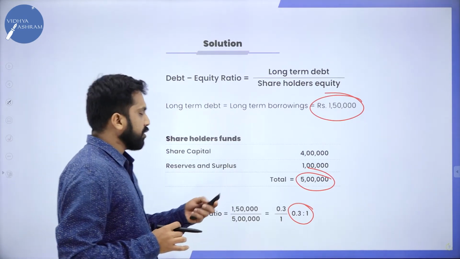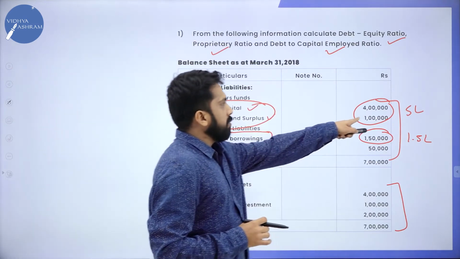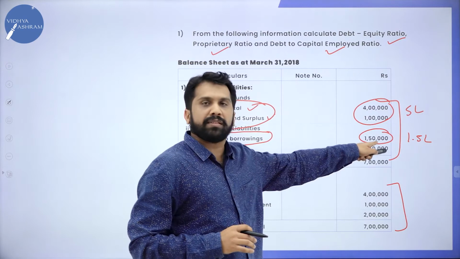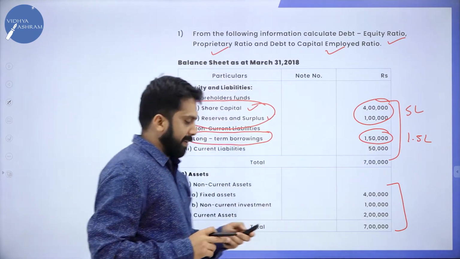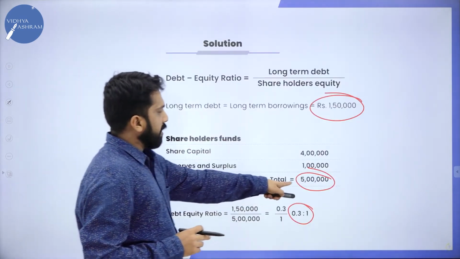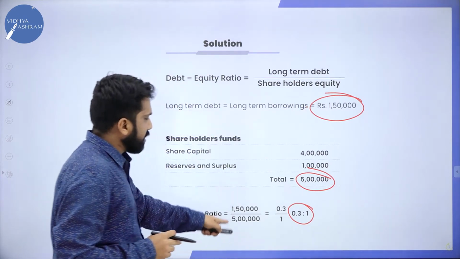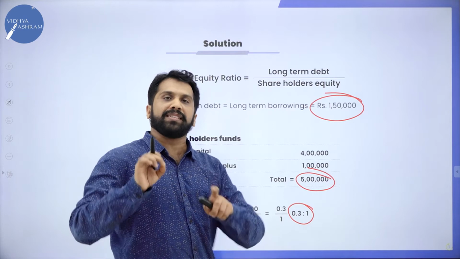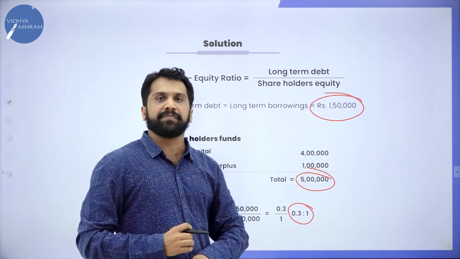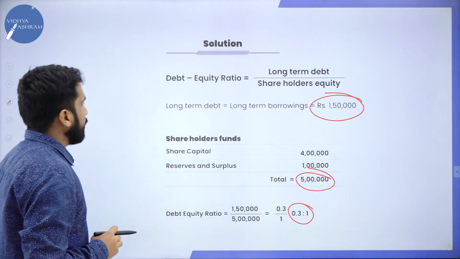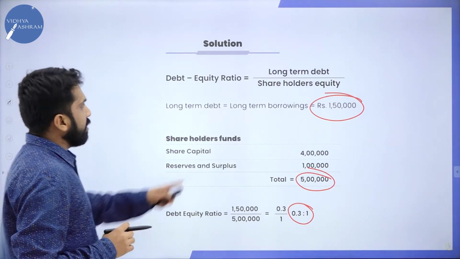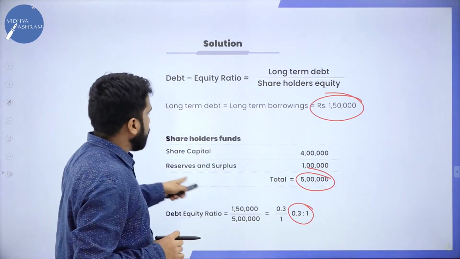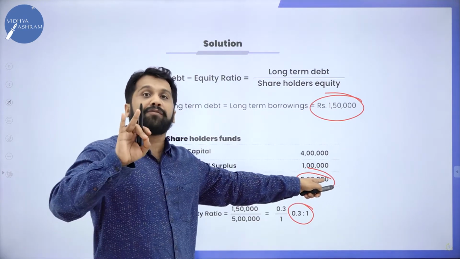I'll go back to the question. Now see, what is the shareholders fund? 5. And what is the long-term debt? 1.5. So 5, 1.5, we divided, we got the answer 0.3 is to 1. Easy or very easy? Very easy. Now, we'll go for the second one. Remember, long-term, how much? 1.5. Shareholders fund, how much? 5 lakh.